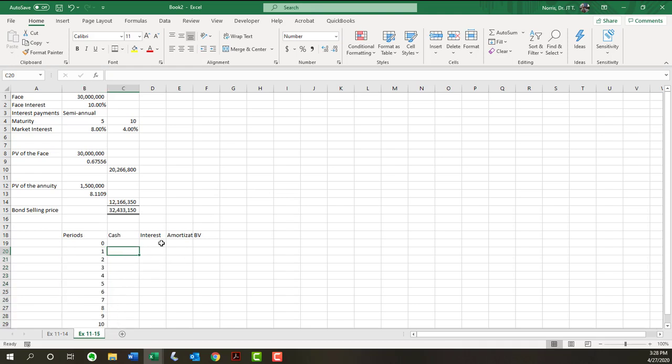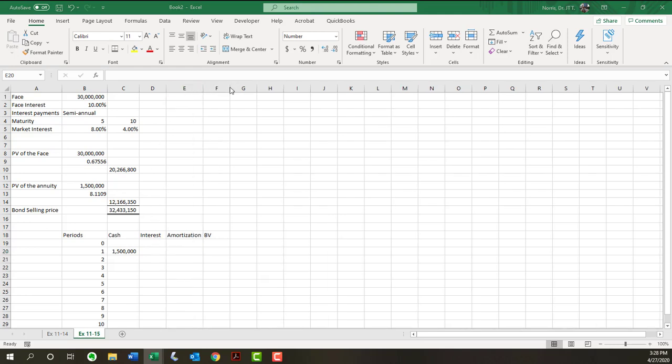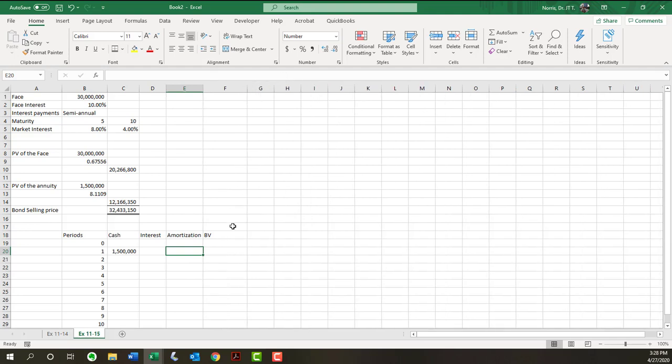The cash interest is going to be the 30 million times the 10% divided by 2, which we calculated up there. So 1,500,000. It's going to stay the same. The book value is this selling price of 32,433,150.